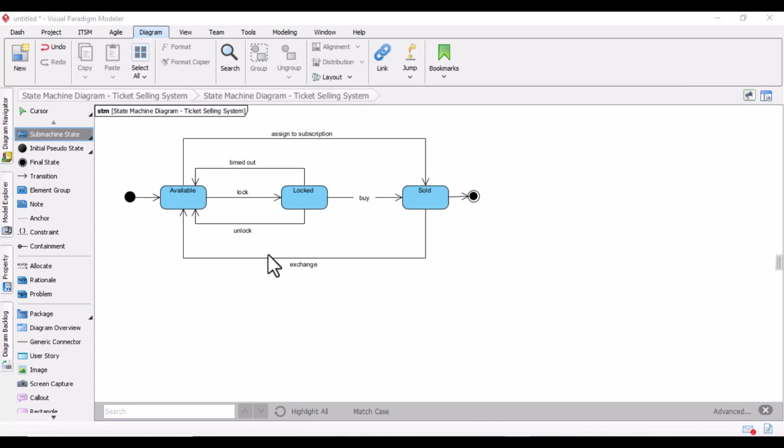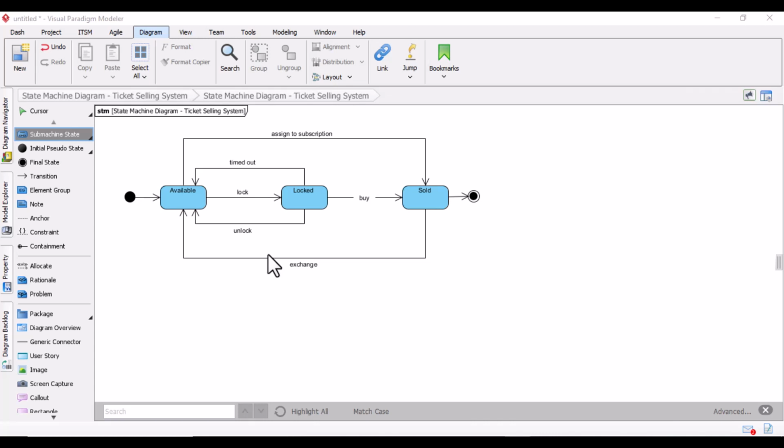So that is what you need to remember: whenever you are talking about a state diagram, you are talking about the dynamic behavior of a class in response to certain external stimuli. When you click on the switch on or off button, only then will it be on or off, right?